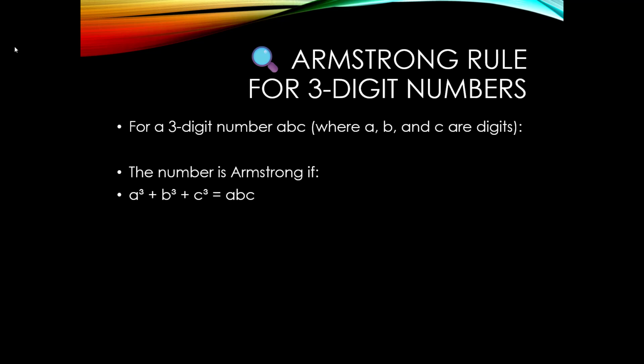For a 3-digit number ABC, where A, B and C are digits, it is an Armstrong number if A cube plus B cube plus C cube equals ABC.